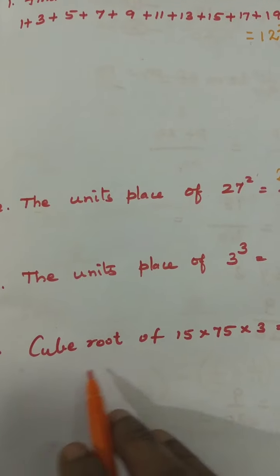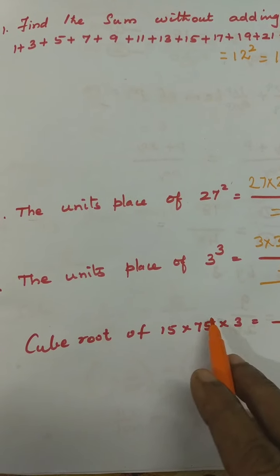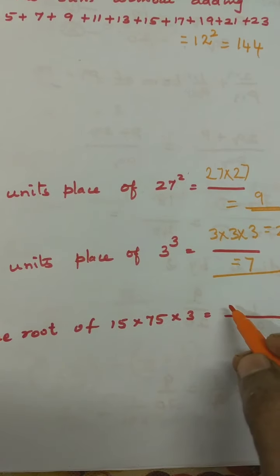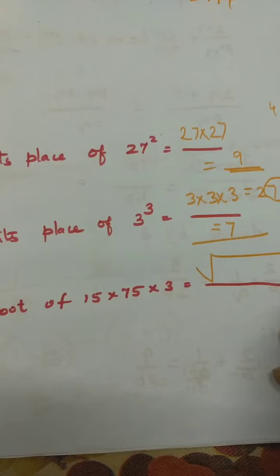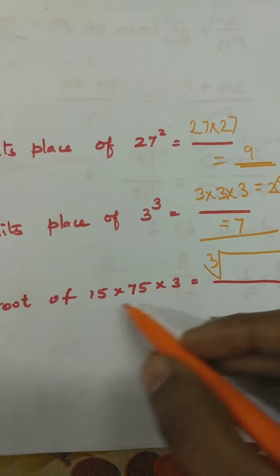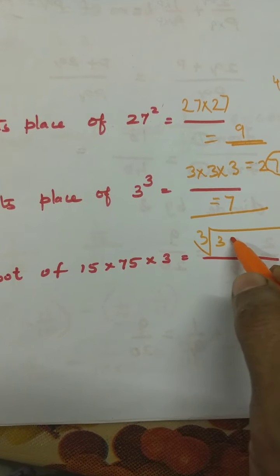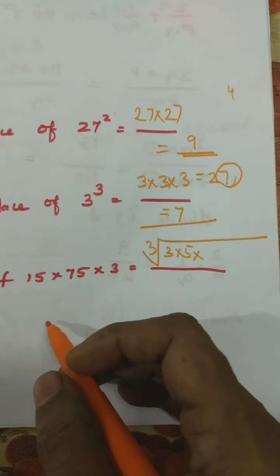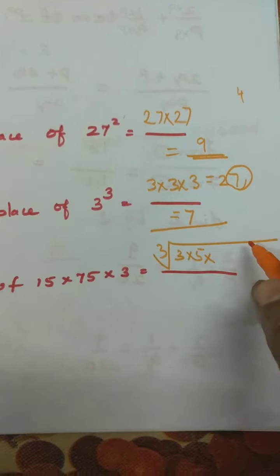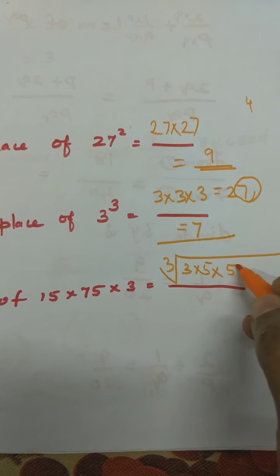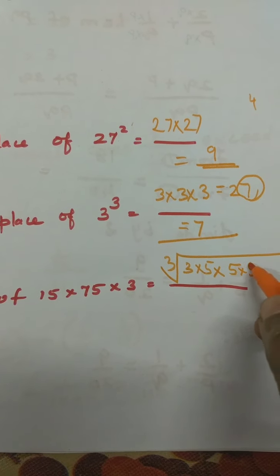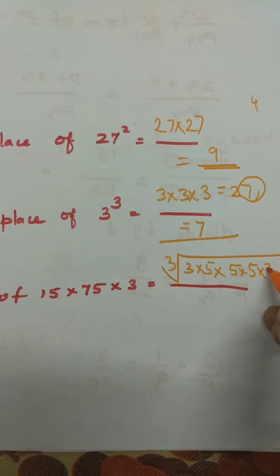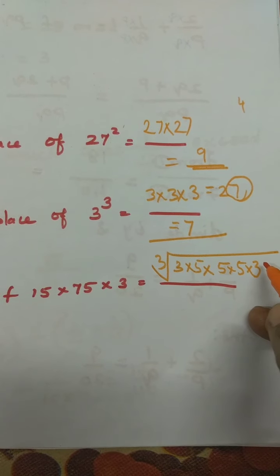Then the cube root of 15 into 75 into 3. Cube root of 15, 3 5s are 15, into 75, 5 5s are 25, 25 3s are 75. So you are multiplying 5 into 5 into 3.